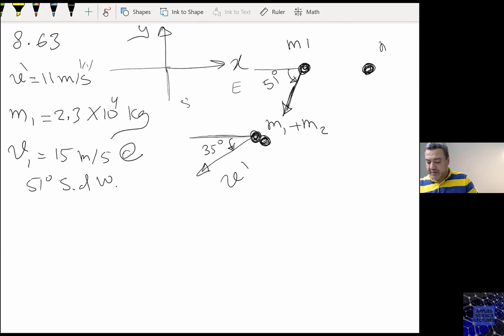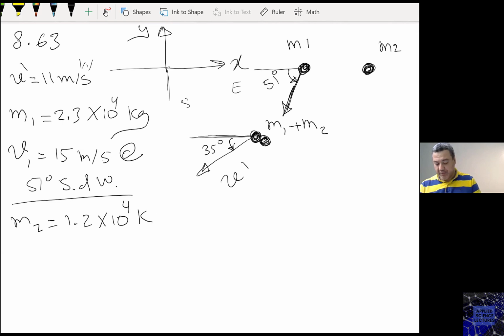Then mass number 2, what do I know about it? I know the mass, 1.2 × 10^4 kilograms. I don't know the velocity, which means I don't know the velocity magnitude and the angle. So I would assume it to be this.